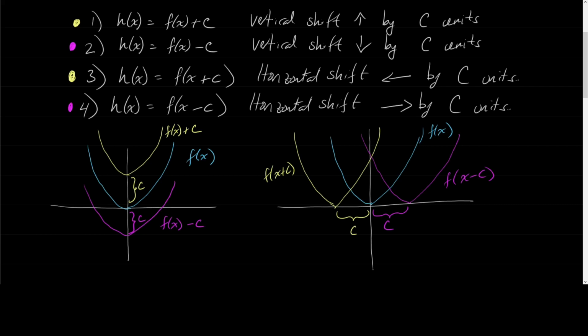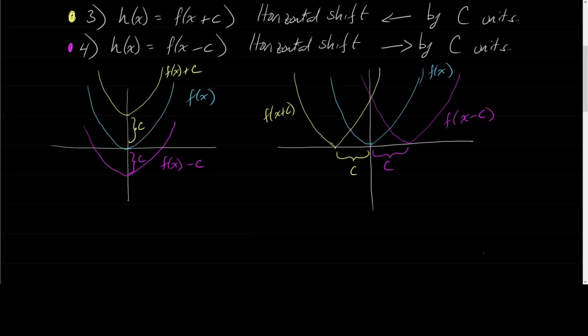So in here, we can also describe the transformations by what happened to the point. For example, with this vertical shift upwards, we can say that each point x comma y goes through the transformation to the point x comma y plus c, because everything's being shifted upwards there.